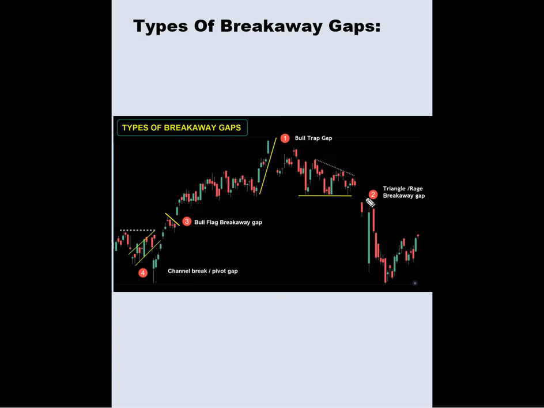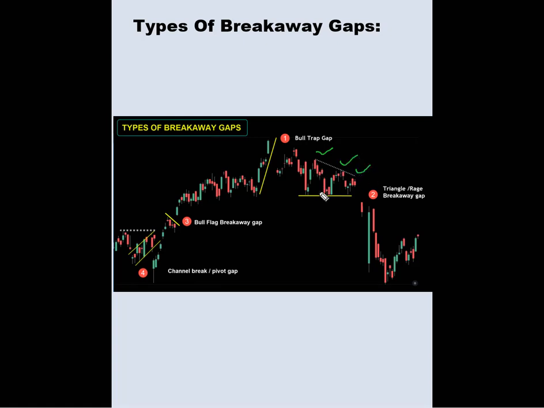Okay, the second one is a triangle or a range breakaway gap. So you can see the structure, the structure is of a triangle. Whenever you are trading these kinds, as I said before, for the breakaway gaps, we need to have at least 2 to 3 highs or lows. So here you can see, here we have got one, here we have got two, and here we have got the third one.